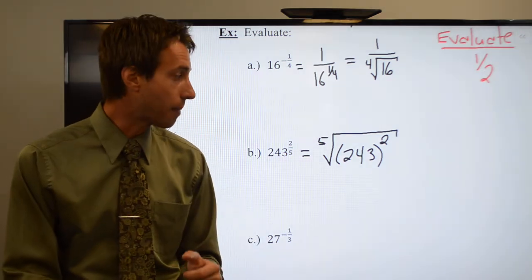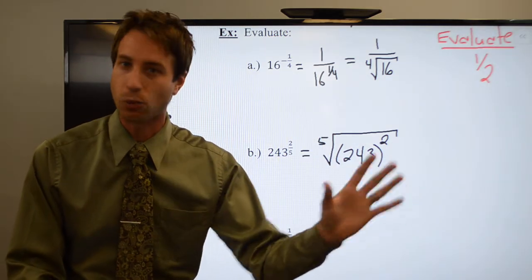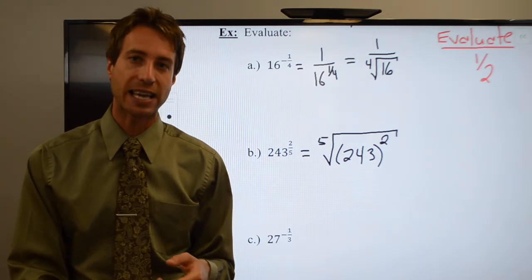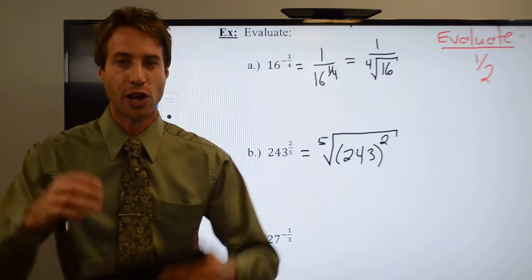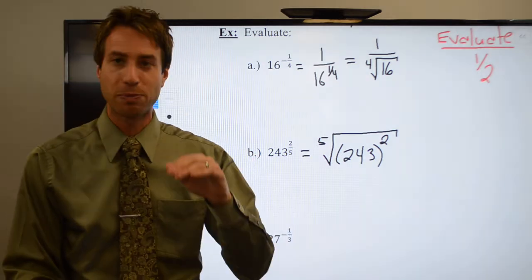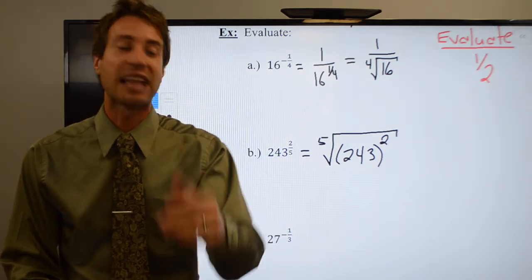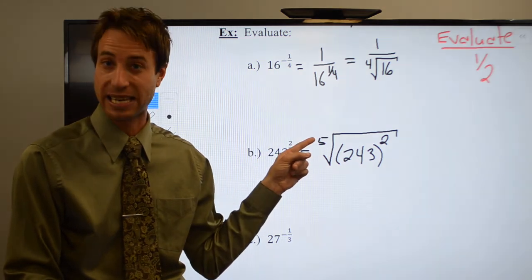On my calculator, I would do 243 and square it, and get whatever that's equal to. Then, if you have the TI-84 graphing calculator, on the far left-hand side there's a button that says Math on it. You'll go into the math function, and I believe it'll be the 4th or the 5th option in that list that allows you to put in a radical where you get to tell the calculator which index you want.